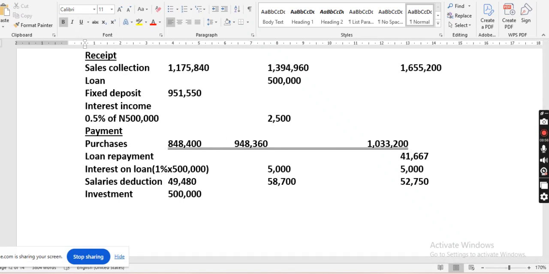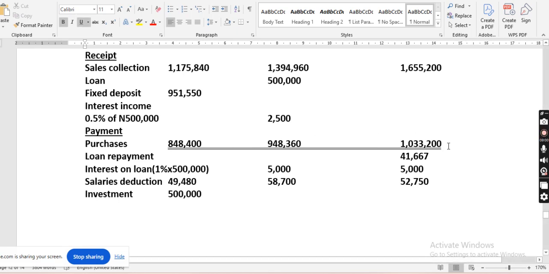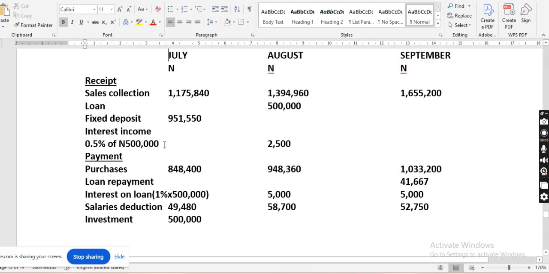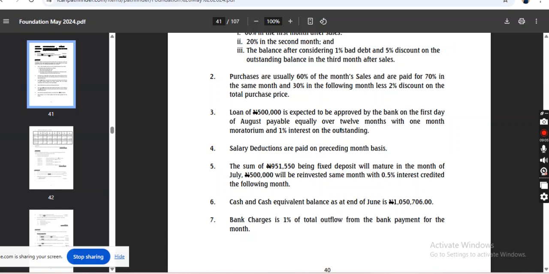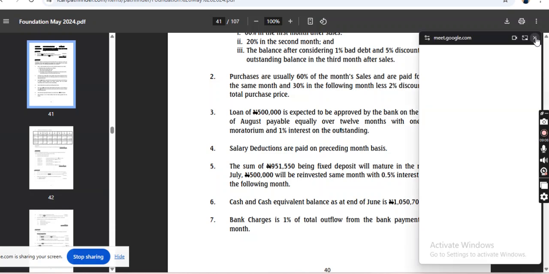So when we have this, we move to the next one. The question is, what is the next note? Here we have the bank charges is 1% of the total outflow.